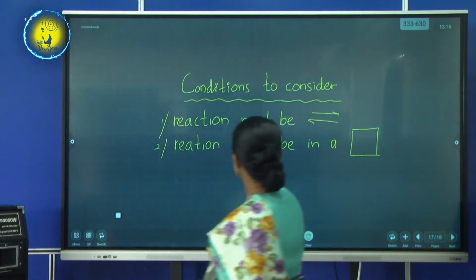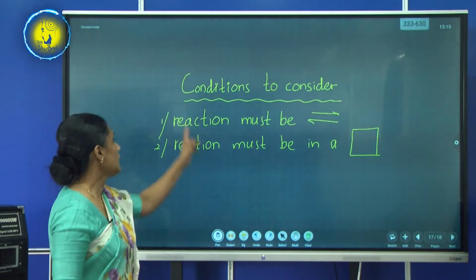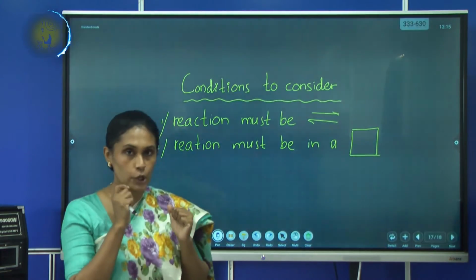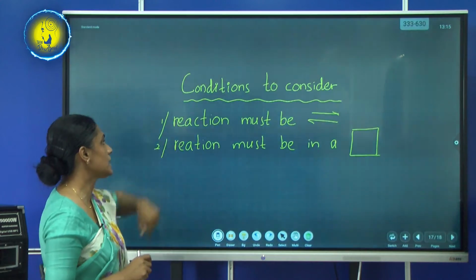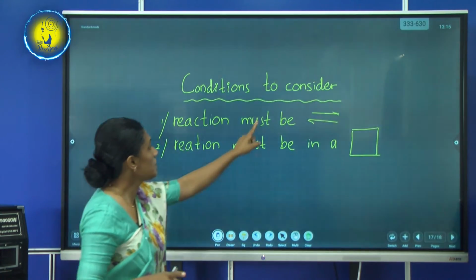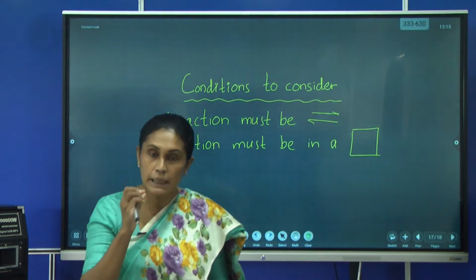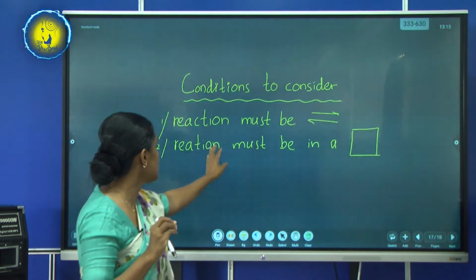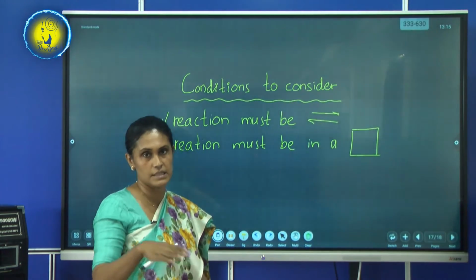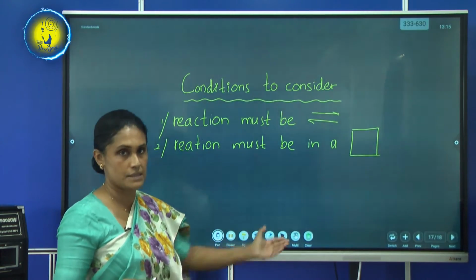Okay, look at the board. Conditions to be considered. Now we have come to the end of the lesson. According to this lesson, according to theory, there are conditions to be considered. First one, the reaction must be reversible. What we discussed can be applied if the reaction is reversible. If not, you can't talk about these conditions, or else our theory won't accept this.